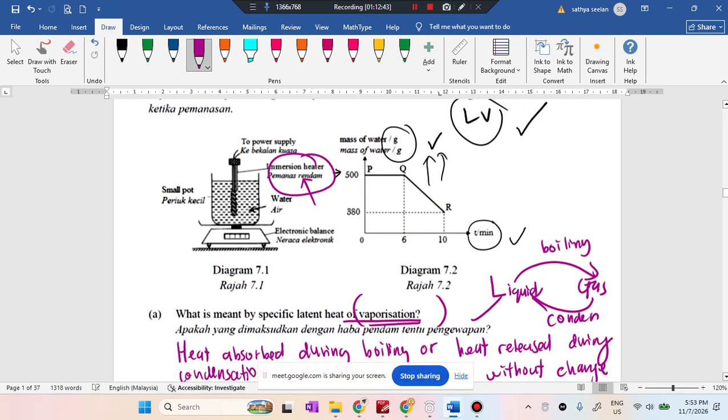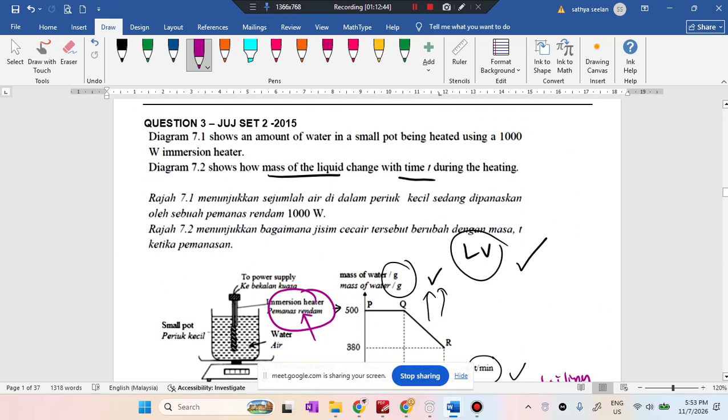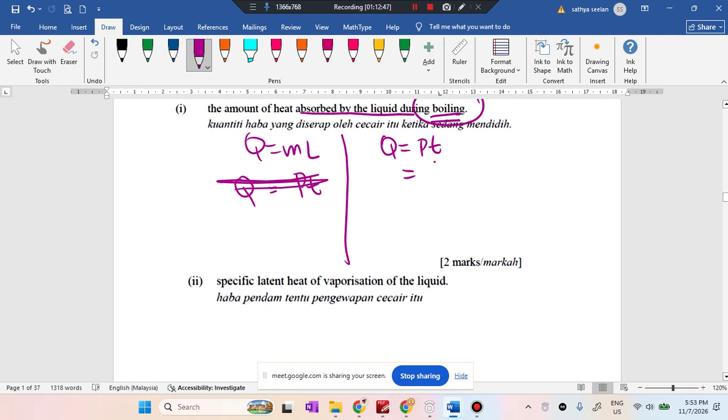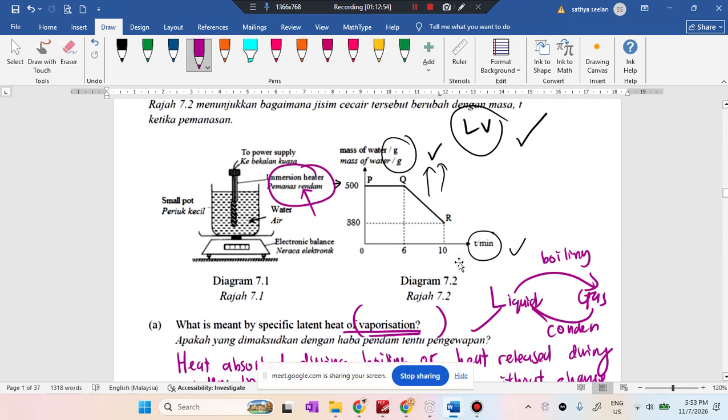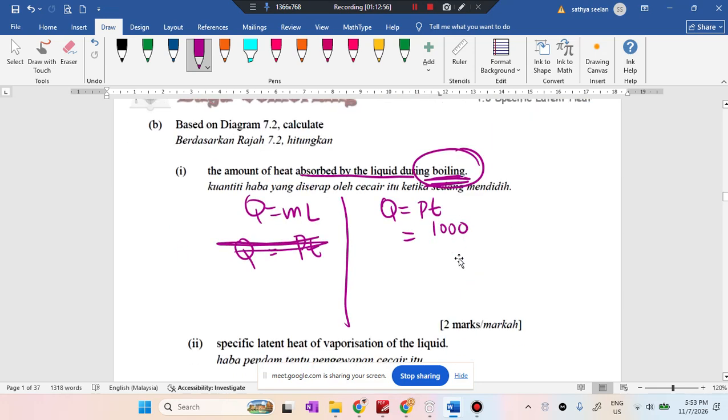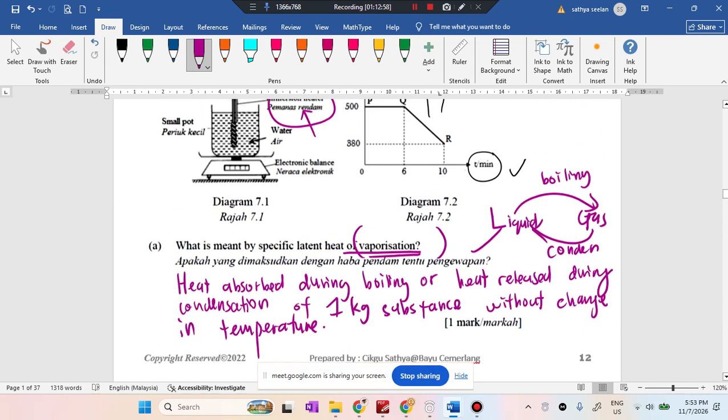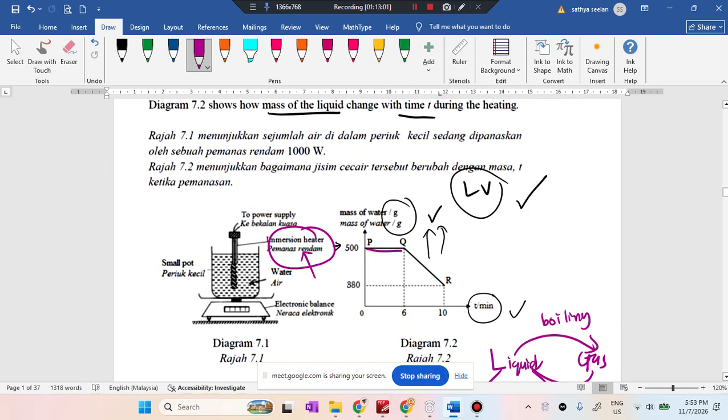So, what is the power? 1000. Okay, what is the time? During boiling. Timing? Everyone remembers time, take the total time. No, during boiling only. Where is boiling? Many people think, okay, if it's straight like this, boiling, right? But that is temperature versus time. This is the mass of water. Here the mass doesn't change. Here it changes, meaning here is where it is boiling, right? Boiling is between 6 to 10.